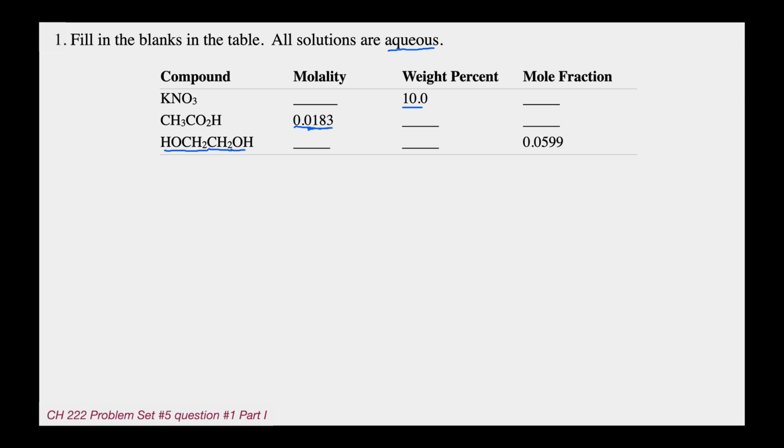It's a diol, a double alcohol. In this problem, which is also dissolved in water, by the way, we're starting with a mole fraction, and we want to turn mole fraction into weight percent and molality. So these are all real useful skills in this chapter because we're going to use all three of these types of values, and it's nice to know how to interconvert one to the other. That's a big part of this section.